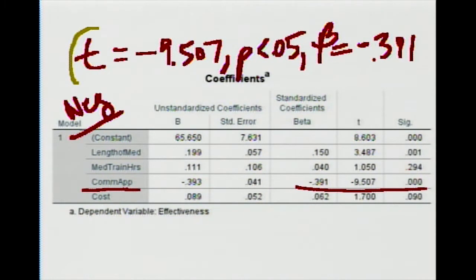0.391. And the thing that we know, of course, as we're evaluating these numbers, is that this is the largest predictor. In other words, this is the one that contributes the most to the variance and the change in the dependent variable of effectiveness. So it's a negative predictor, and it is the strongest.